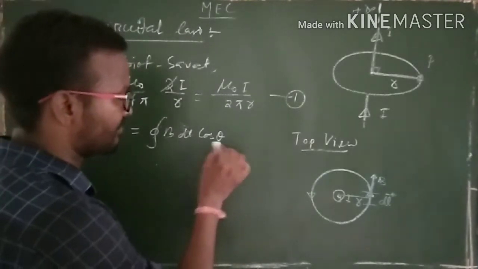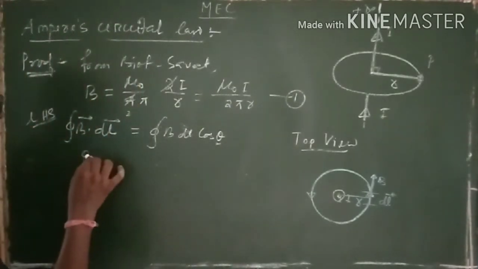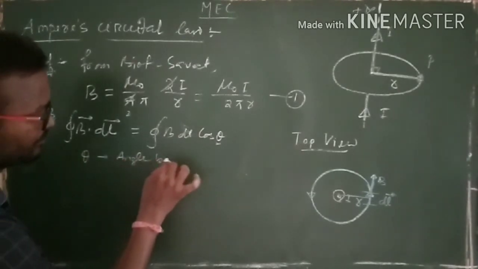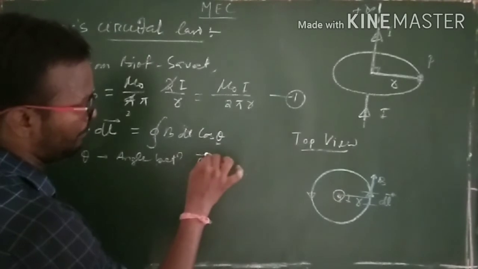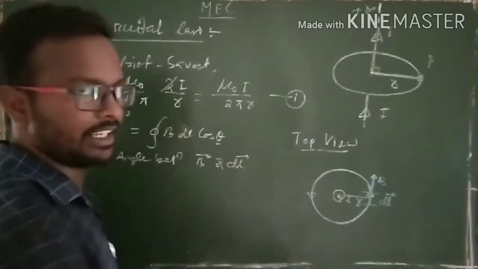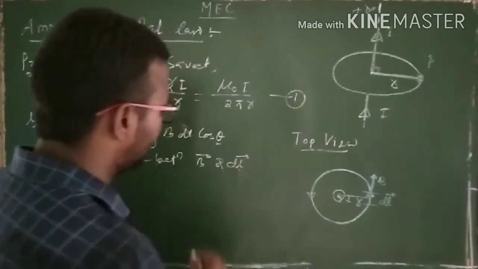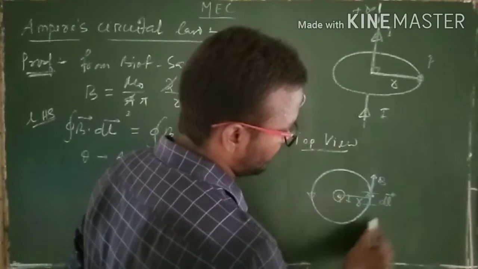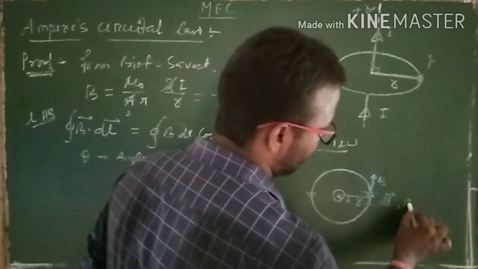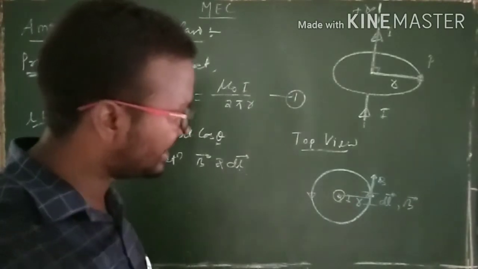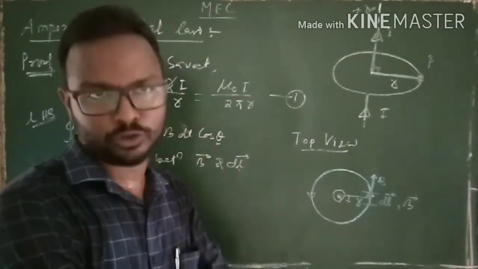So what is theta? Theta is the angle between the magnetic field and the length element dl. Here is the small length dl, with its direction, and this is the direction of the magnetic field. The Amperian loop has symmetry.